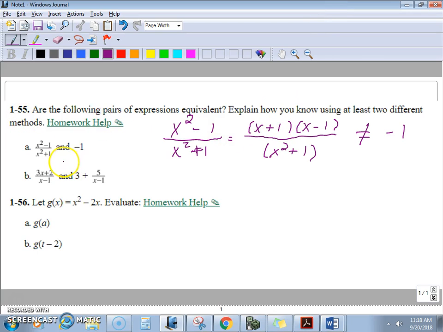Are 3x plus 2 over x minus 1 and 3 plus 5 over x minus 1, in fact, equivalent to each other? So I can combine these two terms as long as I have a common denominator, the denominator of x minus 1. So double check yourselves and make sure you have all these steps written down so you can study for the test.